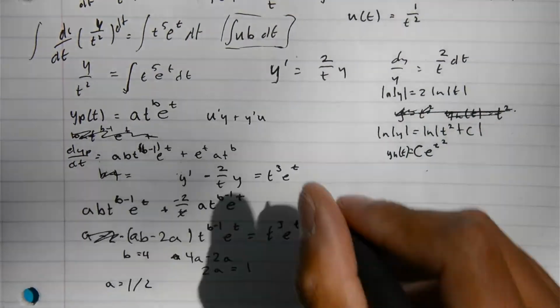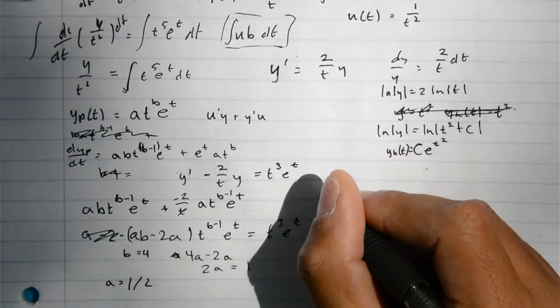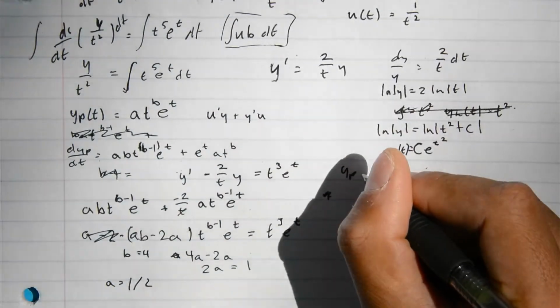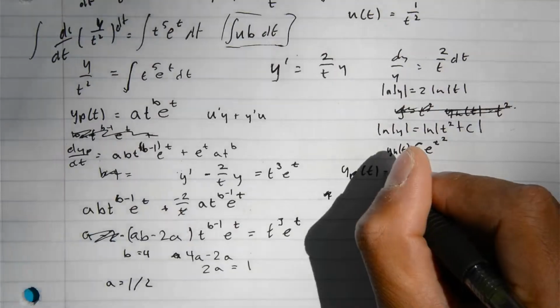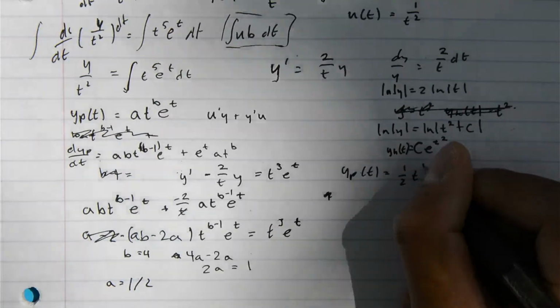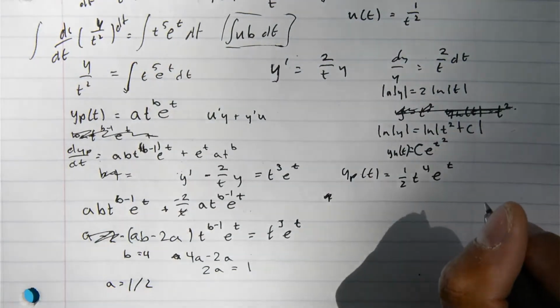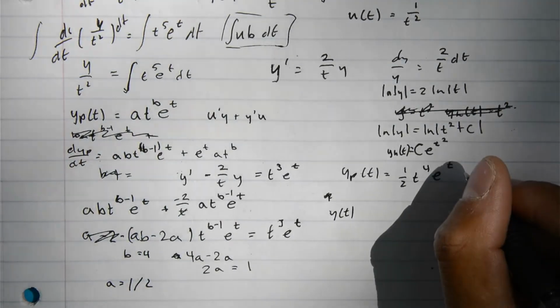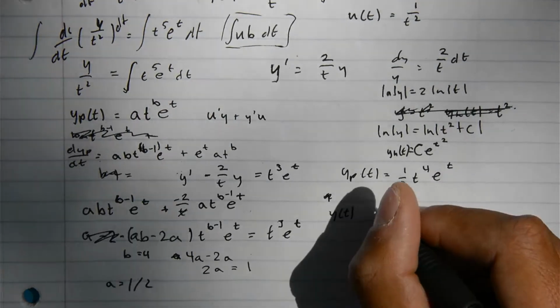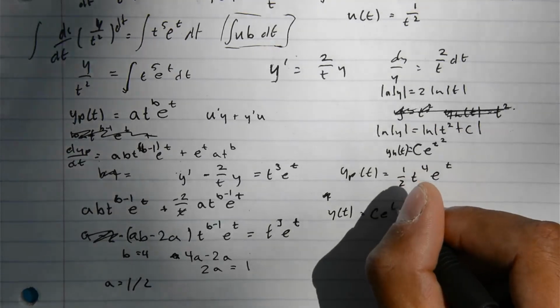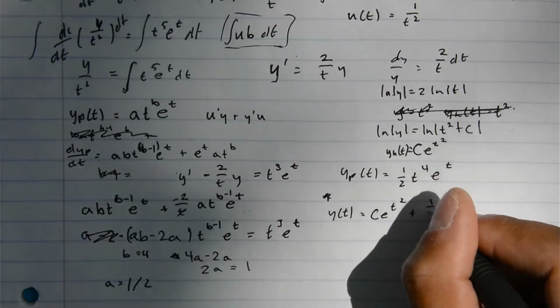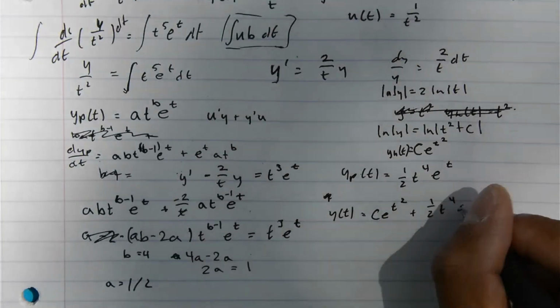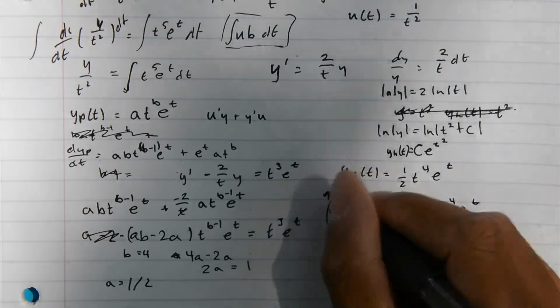So that means that our particular solution, y_p of t, is equal to 1/2 t to the 4 e to the t. So then our general solution is just going to be c e to the t squared plus 1/2 t to the 4th e to the t, like that.